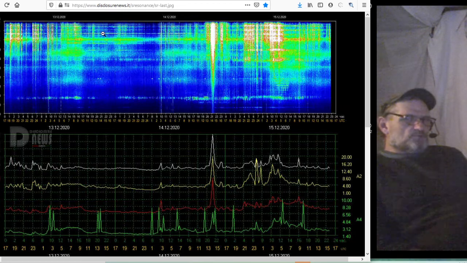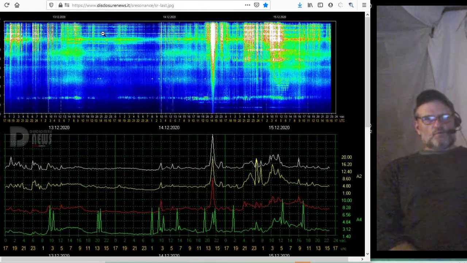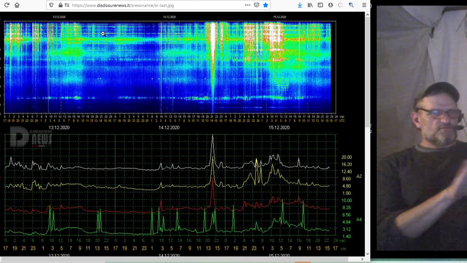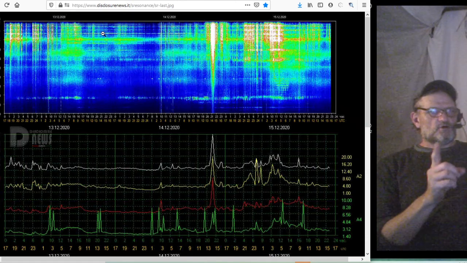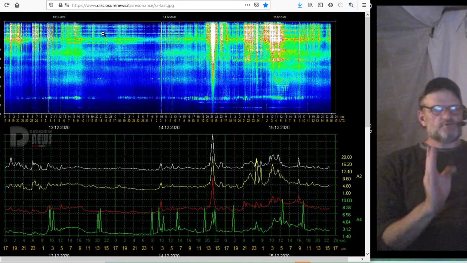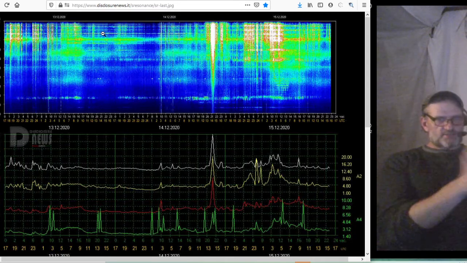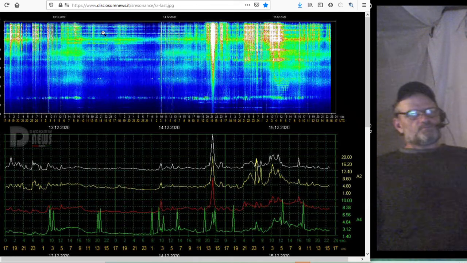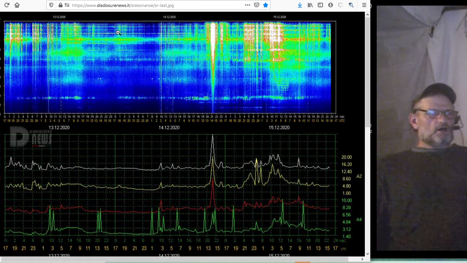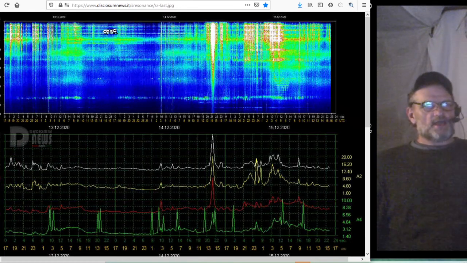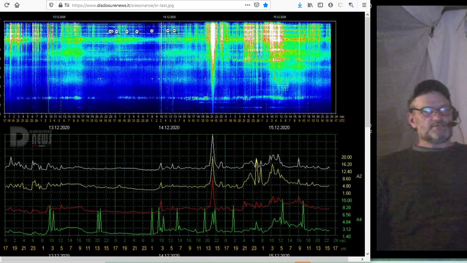Now you have to keep in mind with the harmonics that waves with different frequencies can get together, and the difference between them creates a harmonic. So the difference of two wavelengths will create a harmonic, and that can be what some of this up here is.